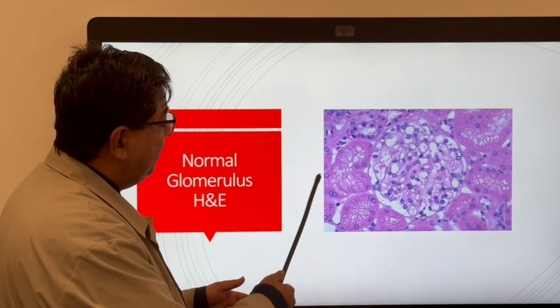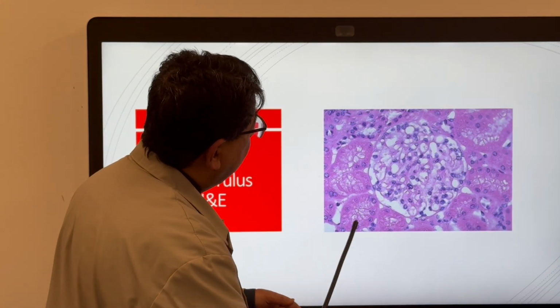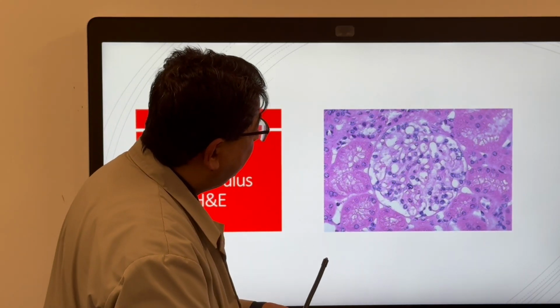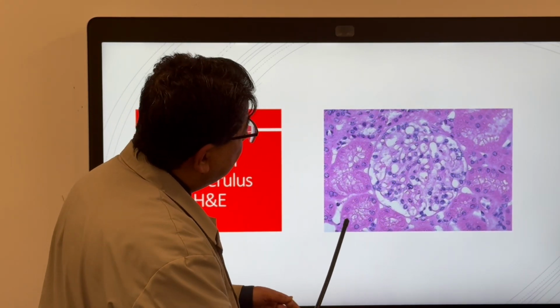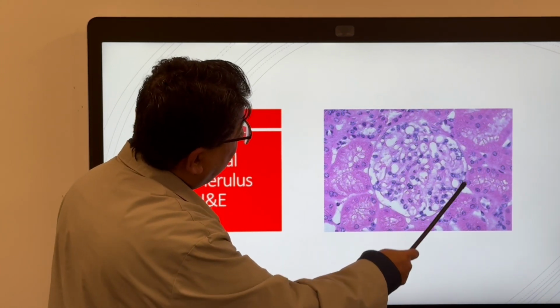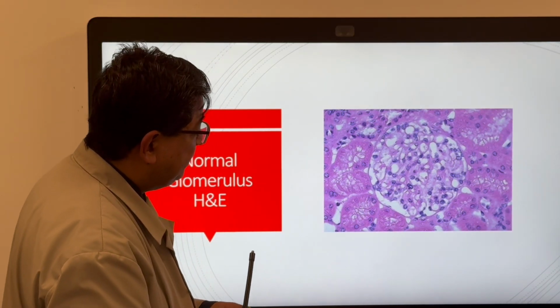Here's a normal glomerulus. You can see that the mesangium is the purple stained regions, and you can see here there are two. Here there are two, not greater than 4, which would imply mesangial hypercellularity.